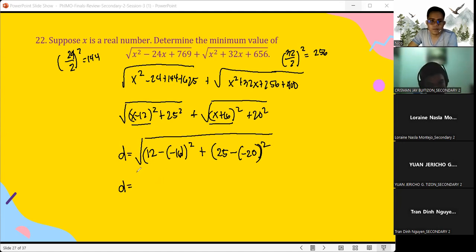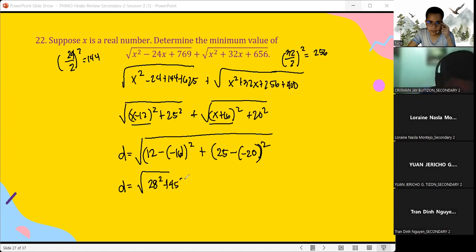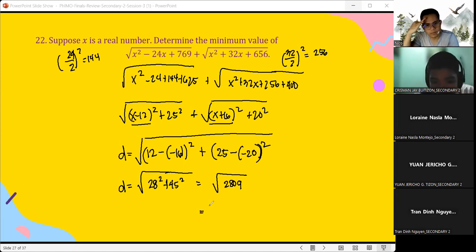This is a very big number. Now, this is 28 squared plus 45 squared, no? So 28 squared plus 45 squared is 2809. So what is this one? 53, no? So the distance here is 53.